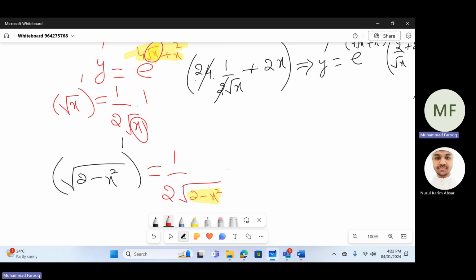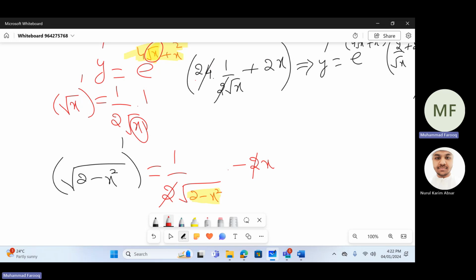Inside you have 2, so that will be 0, minus x squared, whose derivative is negative 2x. So this is cancelled out, and the derivative is minus x over the root. So can we say it like the derivative of the inside over double? Yeah, you can do it like that. It's fine.